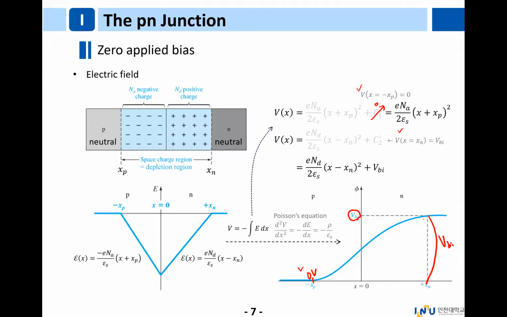And finally, since it must be continuous at x equals 0, we can use these conditions to find VBI. So this can be derived.